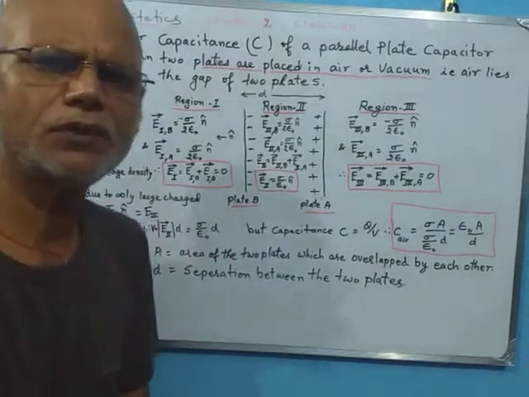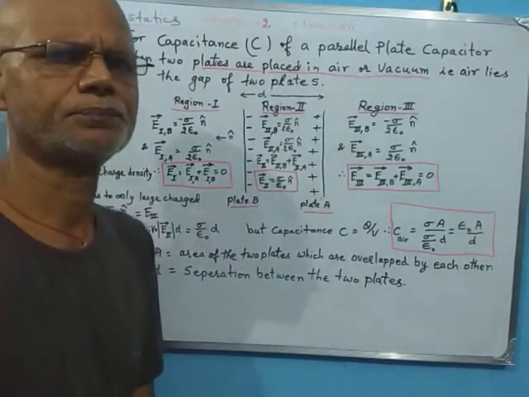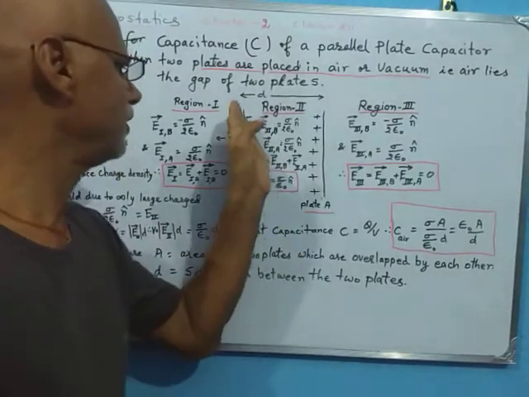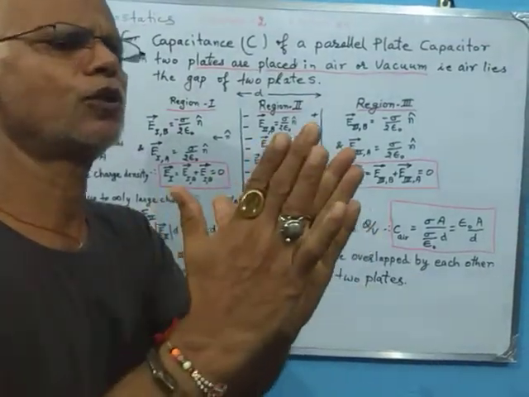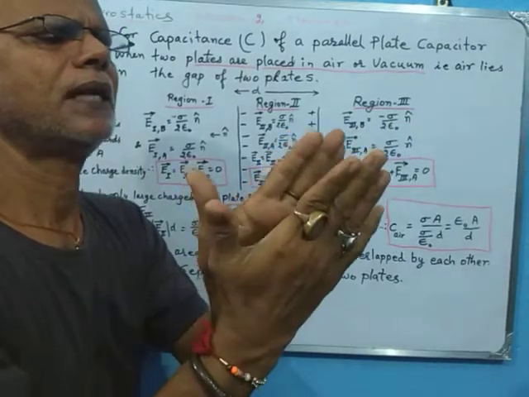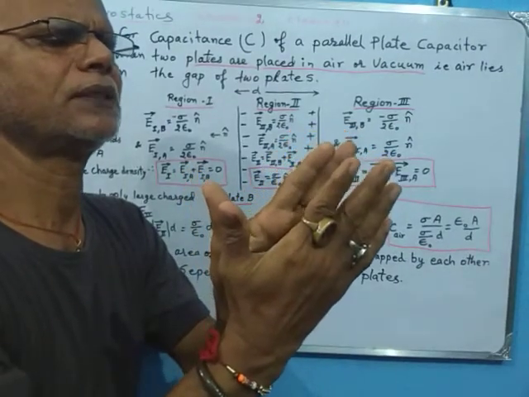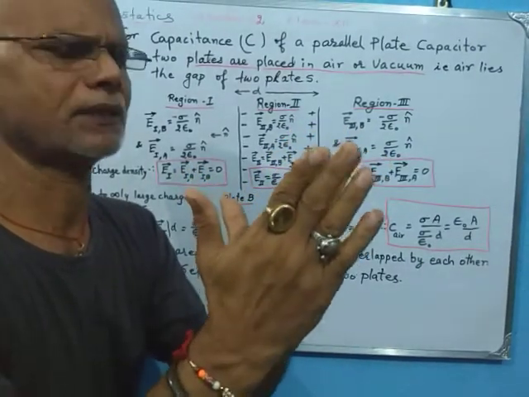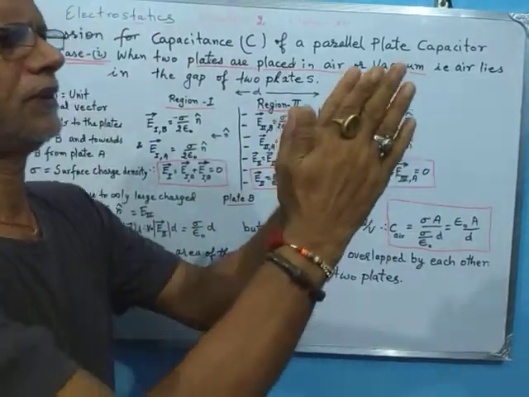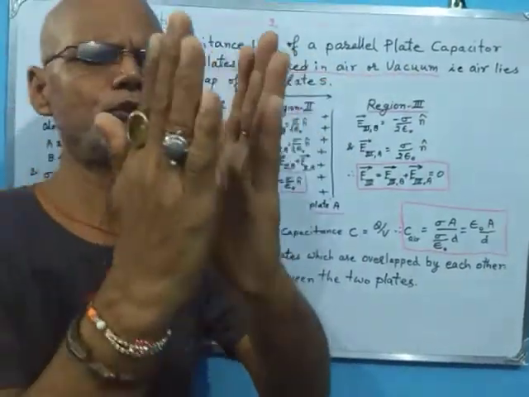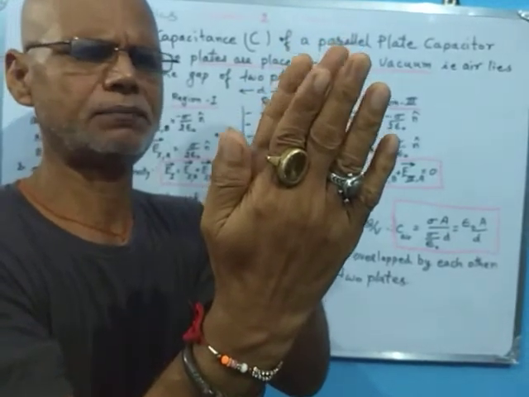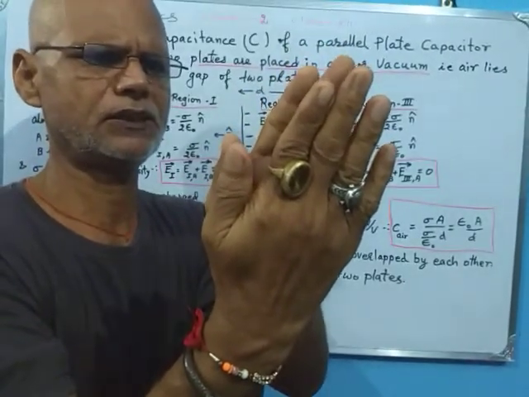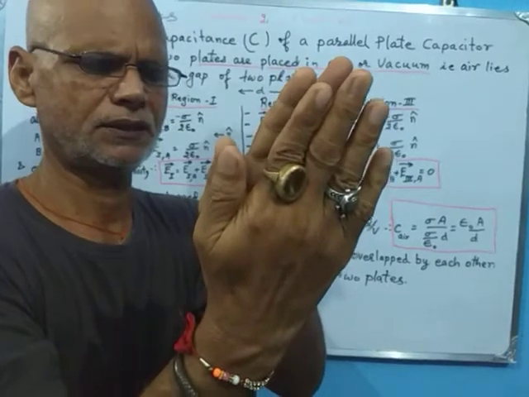Means we must remember that we simply don't consider the area of the plates, we consider the common area, means that area of the plates which are overshadowed by each other. Say for example, we are having two identical plates, and one is just placed in front of it.